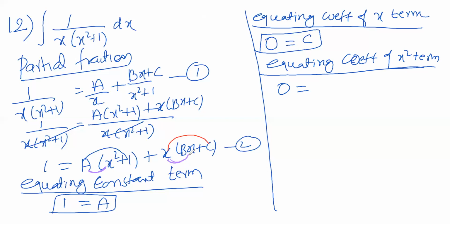So the coefficient of x squared is a plus b. So 0 is equal to a, whose value we know is 1, plus b, which implies b is equal to minus 1.